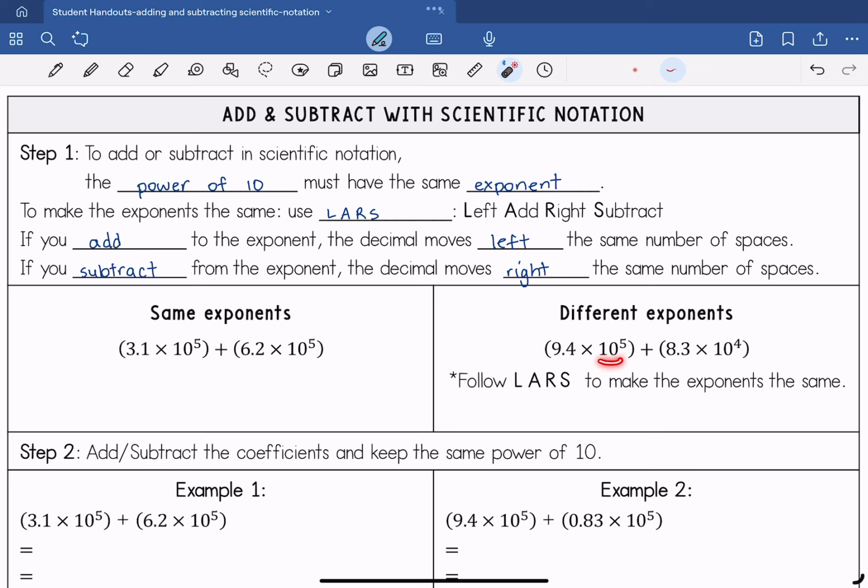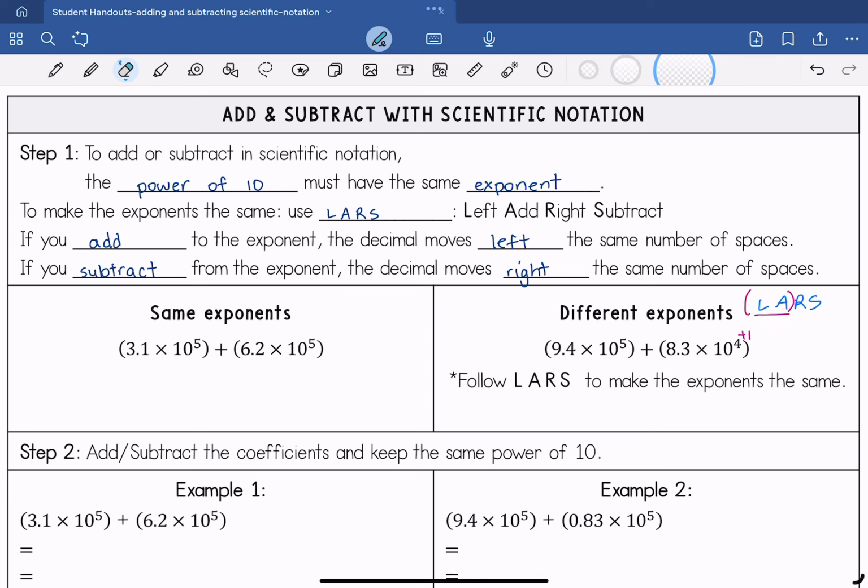Here we have 10 to the power of 5 and 10 to the power of 4. We're going to turn this exponent of 4 into a 5, so we're going to add 1. If we use LARS, it says if you add, the decimal point moves to the left.